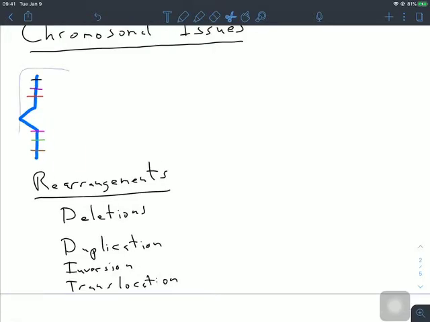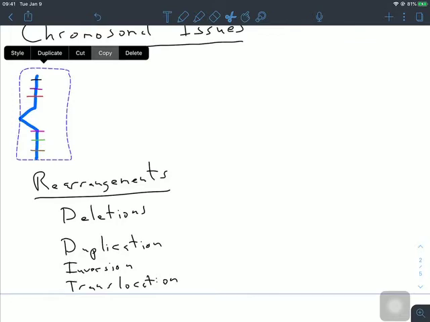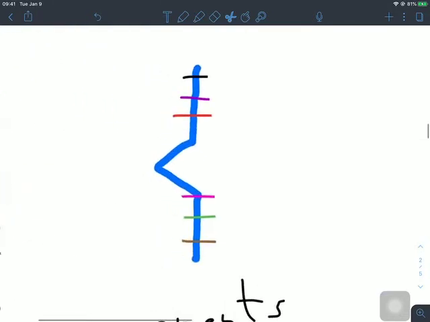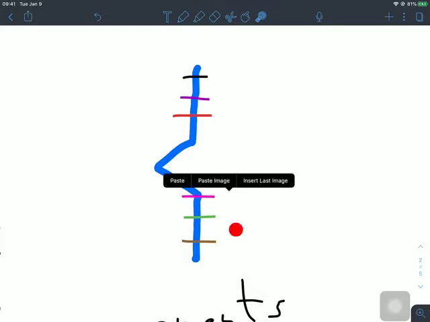If this is my chromosome, you will note that there are genes in a very particular order on this chromosome. From the black gene, to the purple gene, to the red gene, then on the other side of the centromere, pink to green to orange to brown. Whew.